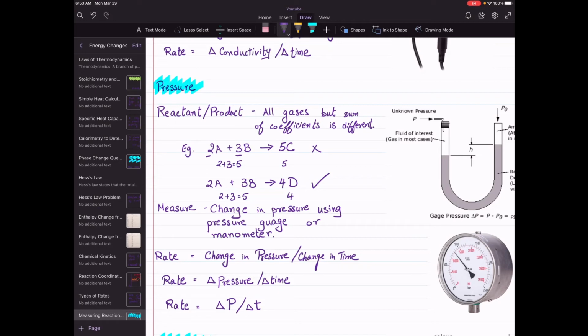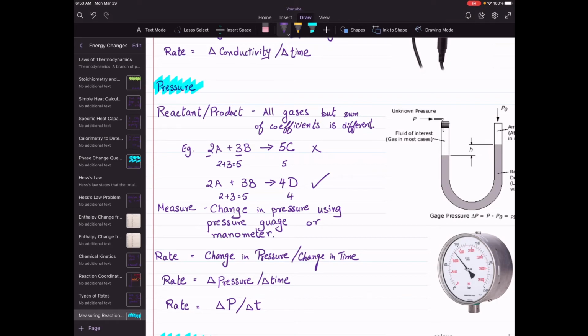Right? So the device that is used to measure the pressure is either a pressure gauge, and I have a pressure gauge as shown on the right hand side, or a manometer. Okay, a manometer is that U-shaped tube where you have the gas trapped on one side and you can have the atmospheric pressure on the other side.